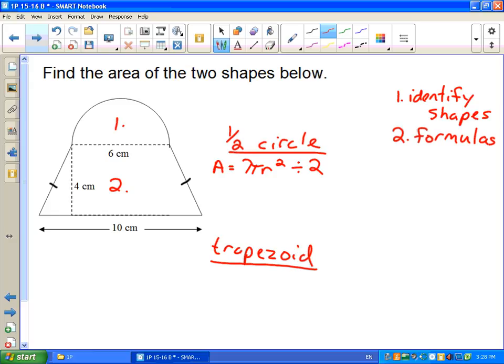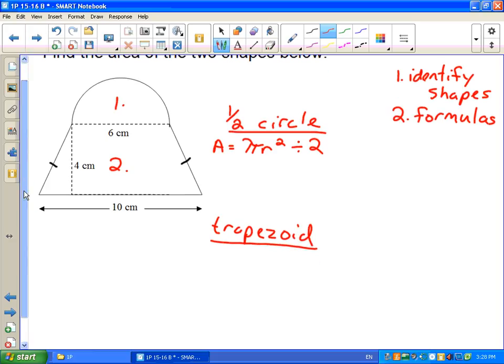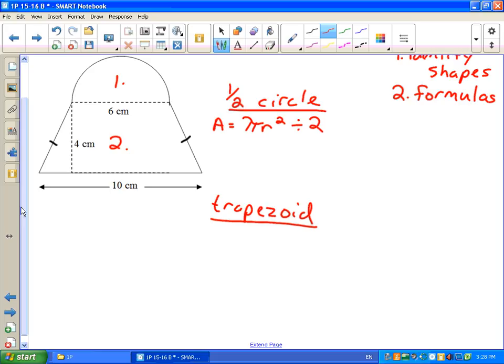For my trapezoid, the formula sheet says my area is A equals (a plus b) times h, divided by 2. So I've got the formulas, even if I'm not sure exactly what to put into them yet.